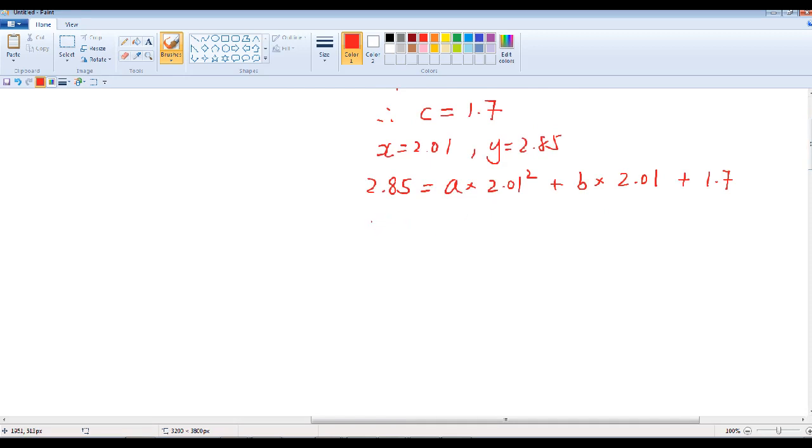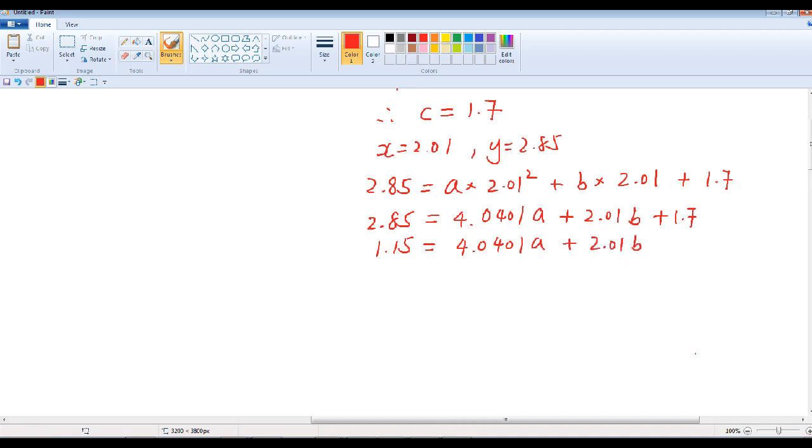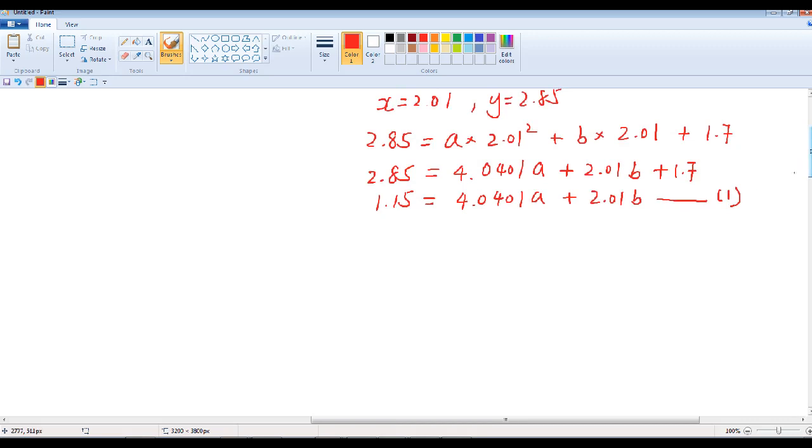In the end you will have 4.0401a plus 2b plus 1.7, and you need to move that 1.7 to the left hand side, and that number will become 1.15. So that would be one equation. Remember this equation.